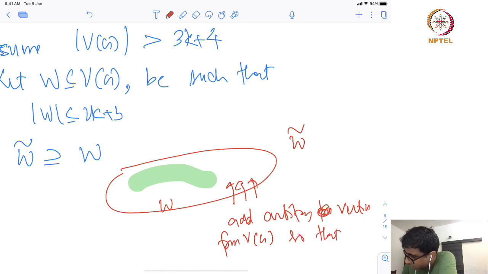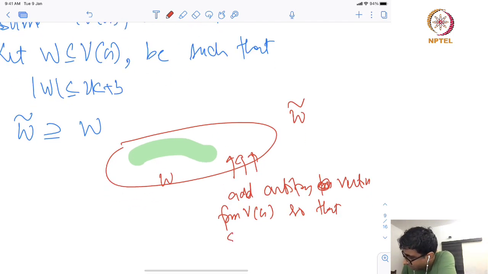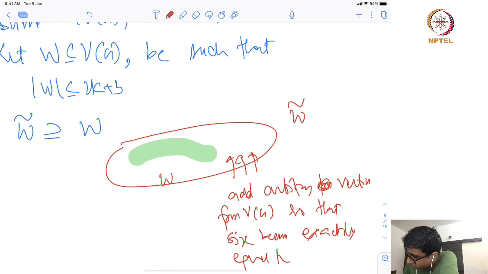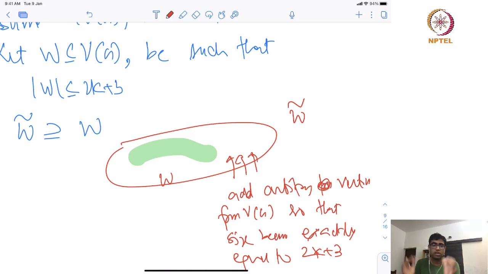so that the size becomes exactly equal to 2k plus 3. And notice, because we have that many vertices, if you gave me W whose size is strictly smaller than 2k plus 3, then I can arbitrarily add some vertices from my graph and make a set W tilde.